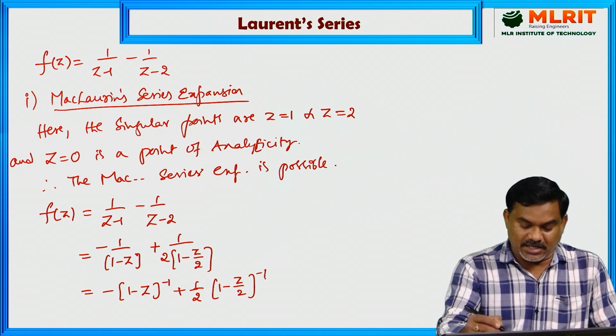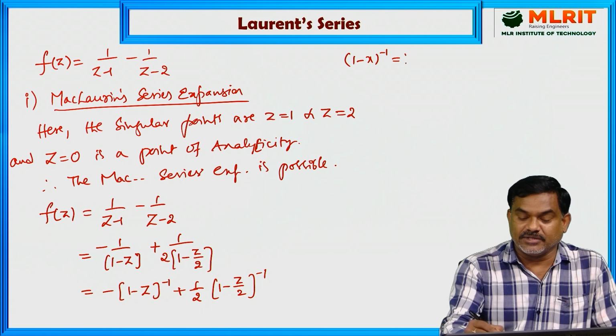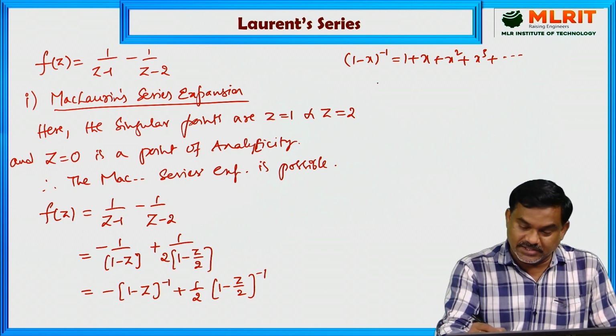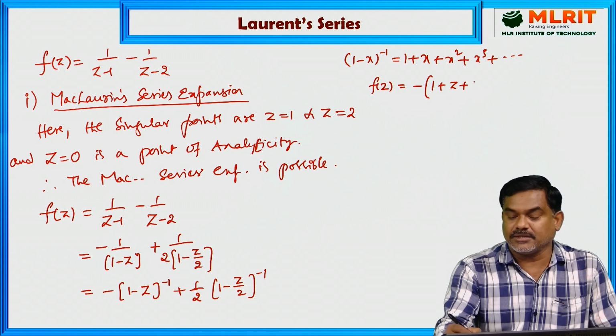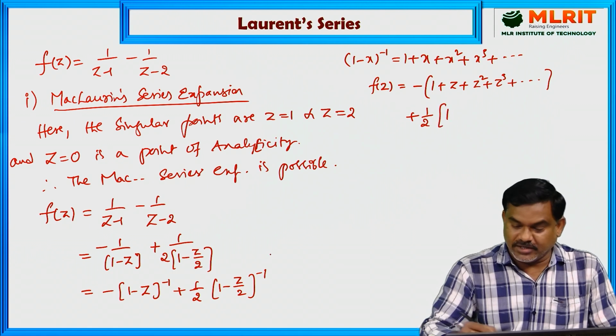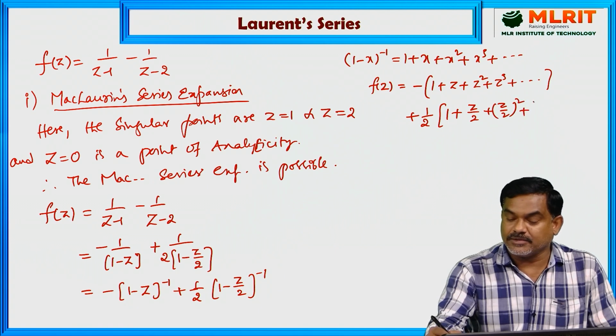Now use the standard expansions like 1 minus x power minus 1. If both are negative signs, we will get all positive terms. So 1 plus x plus x square plus x cube plus so on. So using that, f of z equals minus of 1 plus z plus z square plus z cube plus so on, plus 1 by 2 into 1 plus z by 2 plus z by 2 whole square plus z by 2 whole cube plus so on.